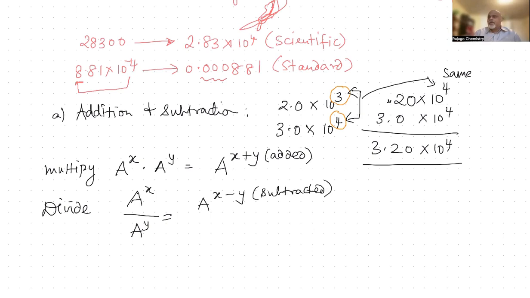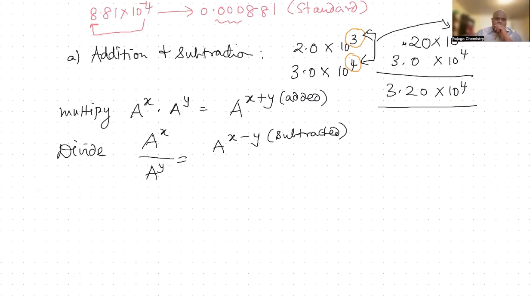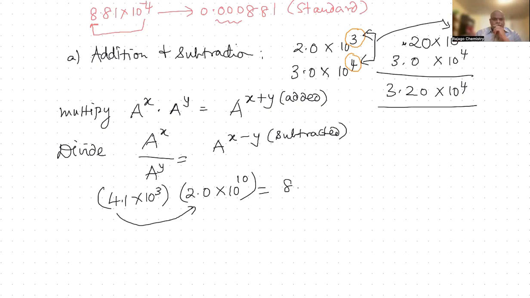If you take two numbers in multiplication, 4.1 times 10 to the power 8, and you multiply by 2.0 times 10 to the power 5, you just multiply these two numbers to get 8.2 times 10 to the power 13, because you added 8 plus 5.